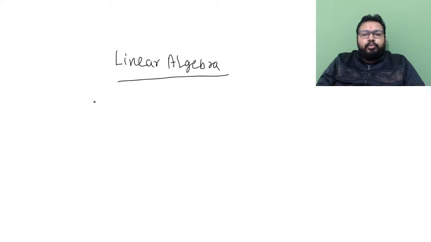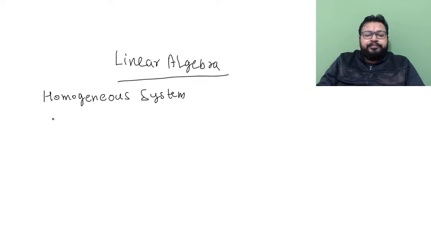One is known as the homogeneous system, another is the non-homogeneous system, and the other is the eigenvalue and eigenvector system, or in short the eigen system. The simplest of all is the homogeneous system. So we are talking about the homogeneous system only, because this question is about the homogeneous system.